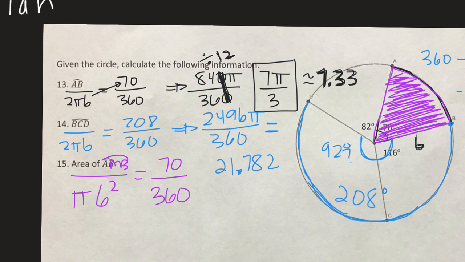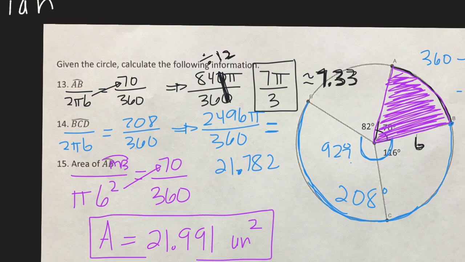With an area, we have to use an area formula, pi r squared. So 70 times 36, that's what 6 squared is, times pi divided by 360 means the area of this sector is 21.991 square units. Remember, area is always a squared unit, so put your square units on area.